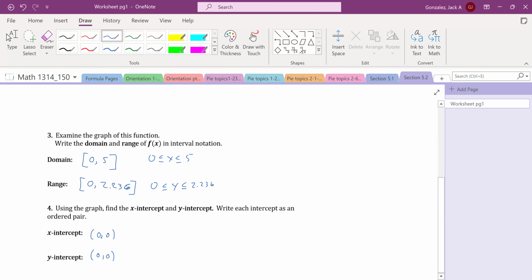But I prefer the brackets. So that's 0, 2.236, and 6. That's what we saw right here. It's a decimal, sorry, 2.2.